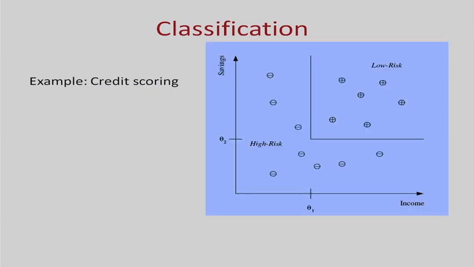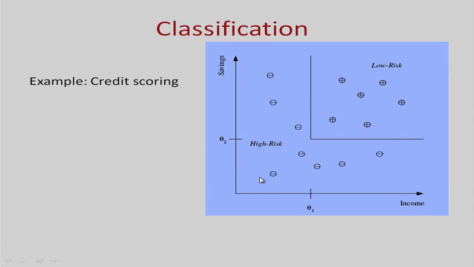Now, let us look at some examples of classification problems. One example is credit scoring. Suppose in this problem we are describing each input in terms of two features, income and savings. We look at the income and savings of a person, and we want to predict whether this is a high risk person or a low risk person.